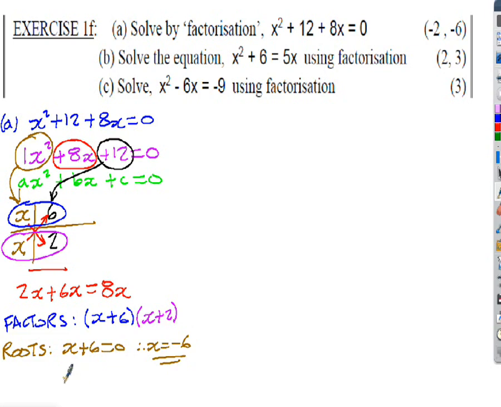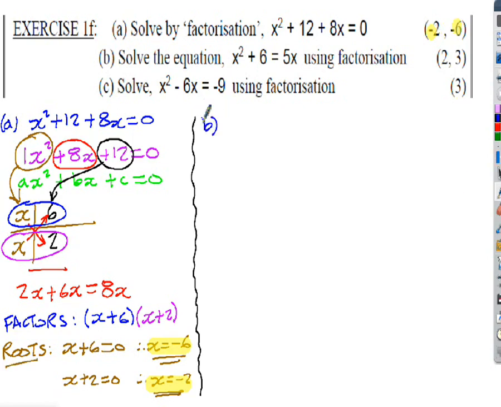And taking the second bracket we've got x plus 2 is equal to 0, and again subtracting 2 from both sides, x is equal to negative 2. So there's our second root here. So the solutions are x equals negative 6 and x equals negative 2. We can see from the answers we've got them correct.